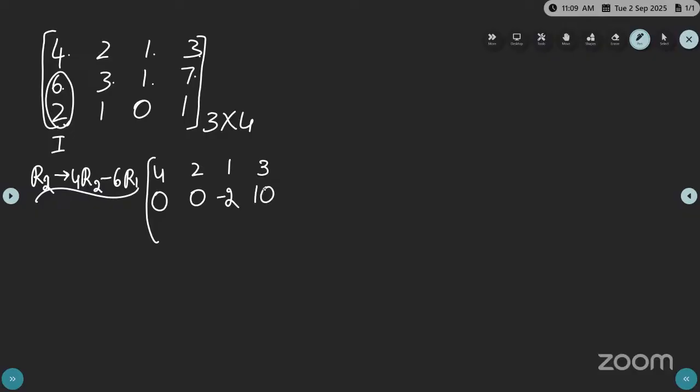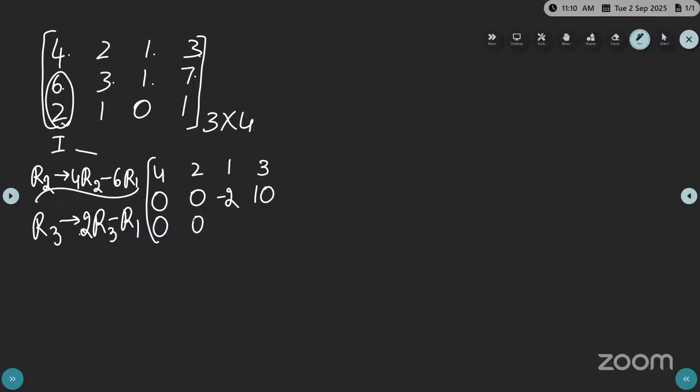Again, you have to make this 0 using the first row. R3 implies 2R3 minus R1. 2 into 1 minus 2, 0.